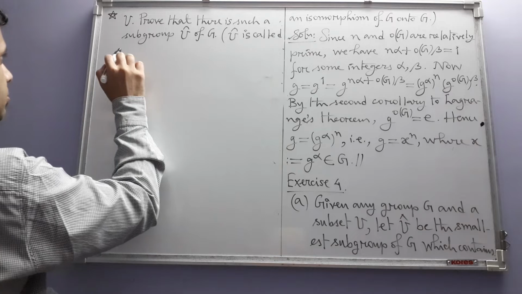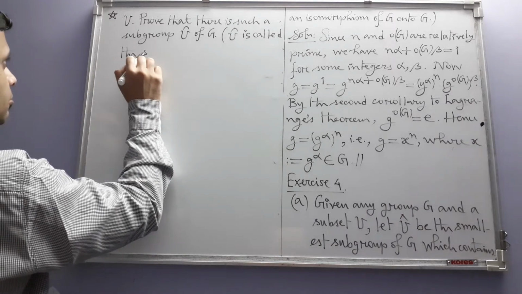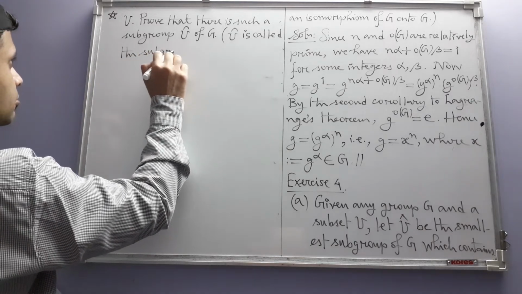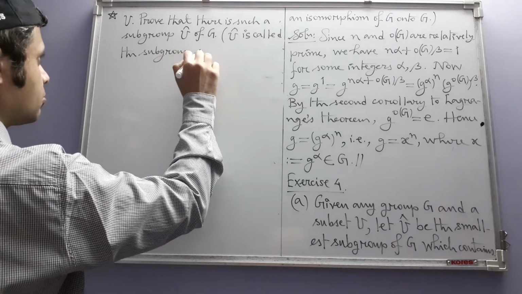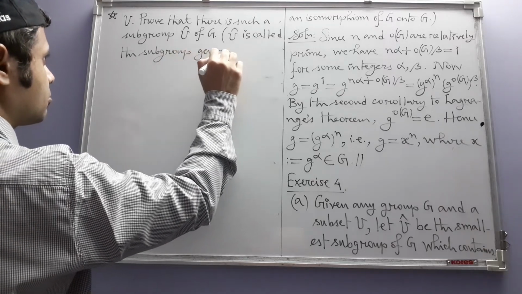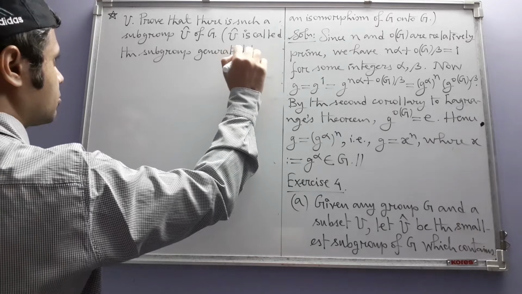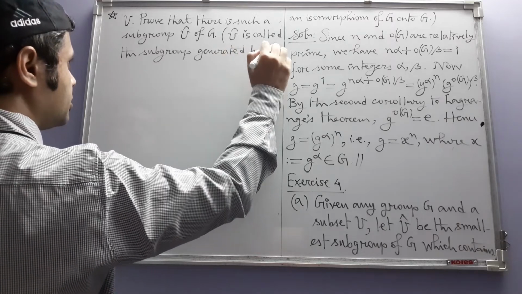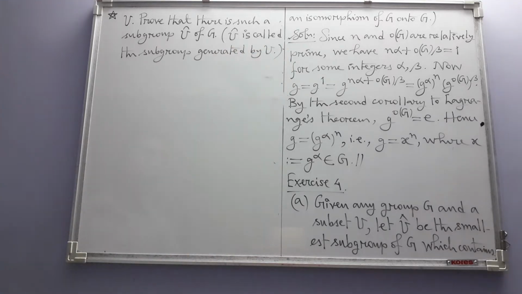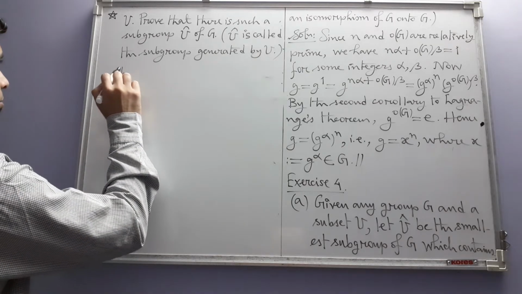This is called the subgroup generated by U. So that is part A.